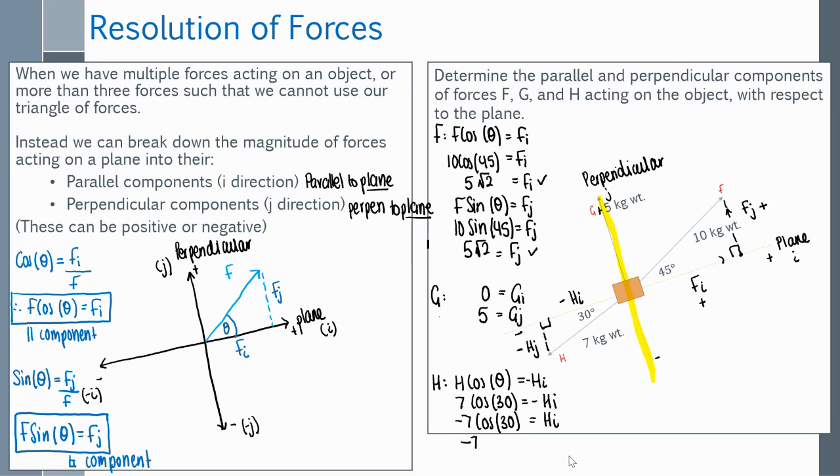By breaking it down into components, you can see that you don't just get a number, but this number can be positive or negative depending on the direction the force is acting. That's a little different to when we use triangular forces. Hj, again negative because it's downwards perpendicular to the plane, is equal to minus 7 sine 30, and sine 30 is a half. So we get minus 7 on 2 kgWt as the component of H in the perpendicular direction to the plane.